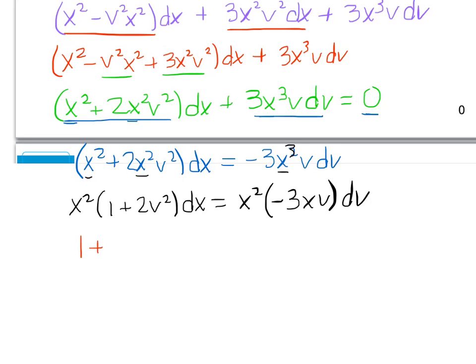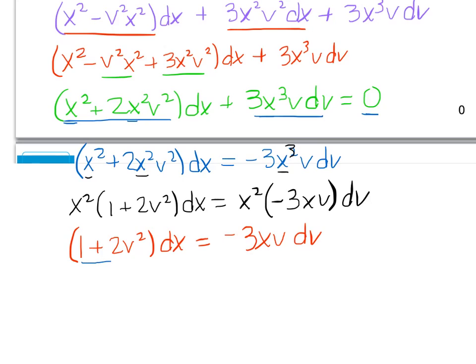So now I'm going to divide everything by x squared just to get rid of it. I end up with 1 plus 2v squared dx is equal to a negative 3xv dv. And I actually have my dx's and dv's already separated. Now I can isolate my x terms on one side and my v terms on the other.